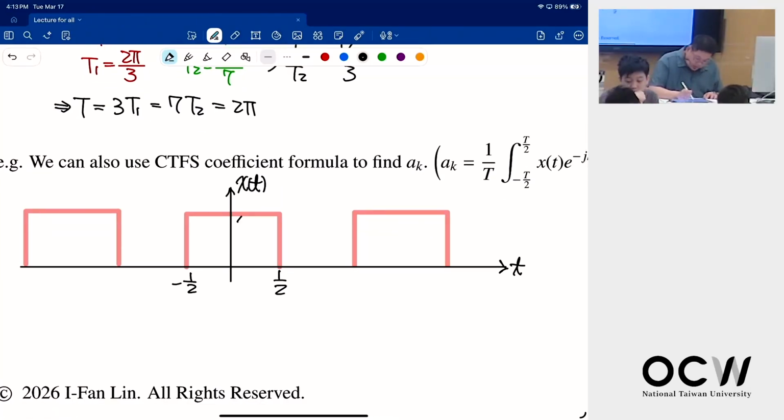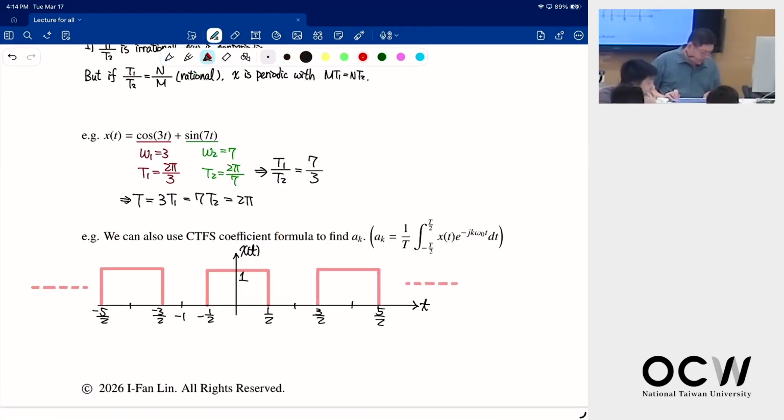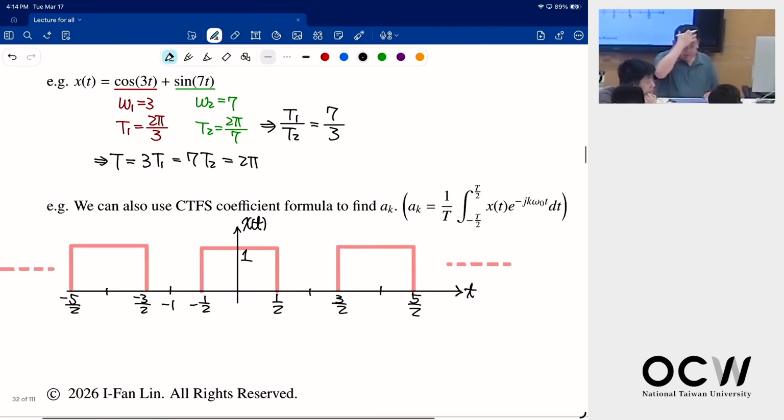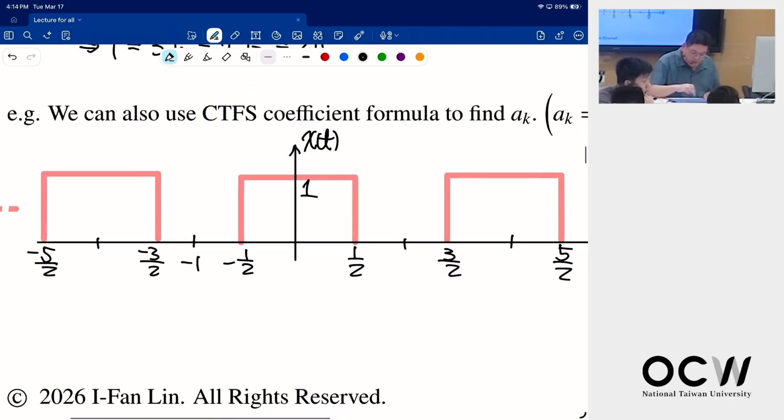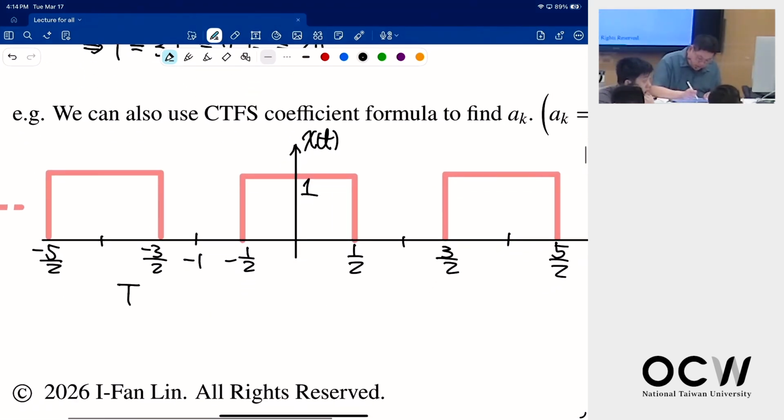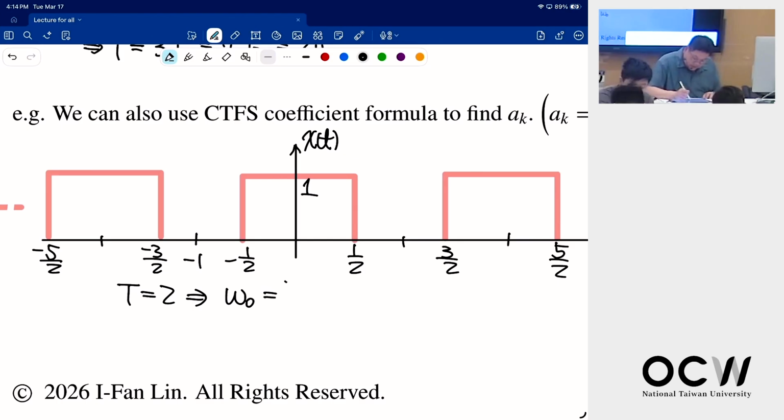The amplitude is 1. First, we need to find the period. Okay, this is a periodic signal. Then what is the period? Fundamental period. T equals 2, which means the fundamental frequency is 2 pi over 2. That's pi.